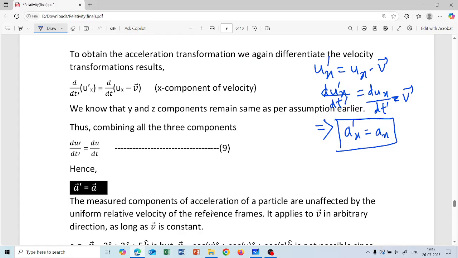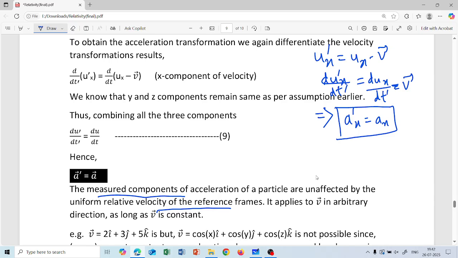So the conclusion is that the acceleration of a particle is unaffected by the uniform relative velocity of the reference frames. It applies to v in an arbitrary direction as long as v is constant. So what does v is constant mean? If I take v as i cap plus 2 j cap plus 3 k cap, this is one such constant velocity vector.